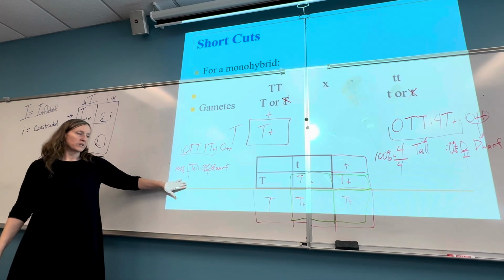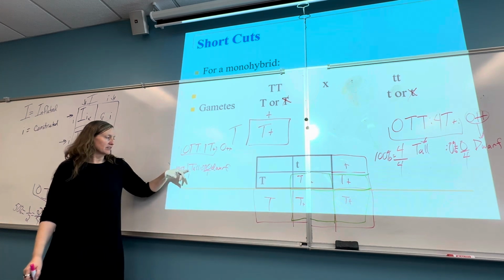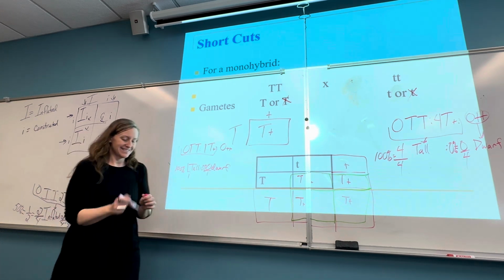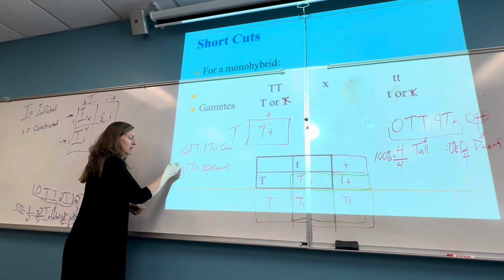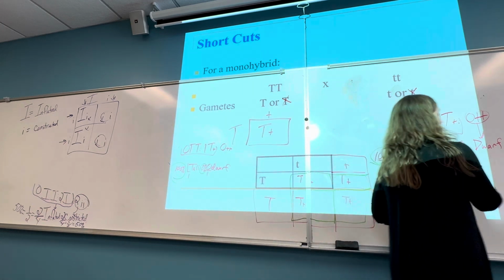When we do our reductions down, if we only have 1 square, we divide each of these, 1 tall to 0 dwarf, by 1, and we get the same phenotypic ratio. 100% to 0 and 100% to 0.